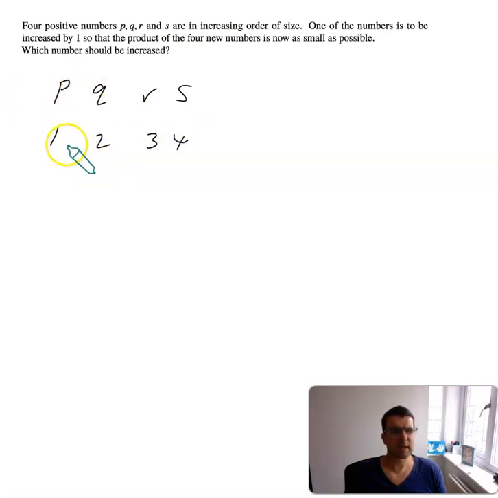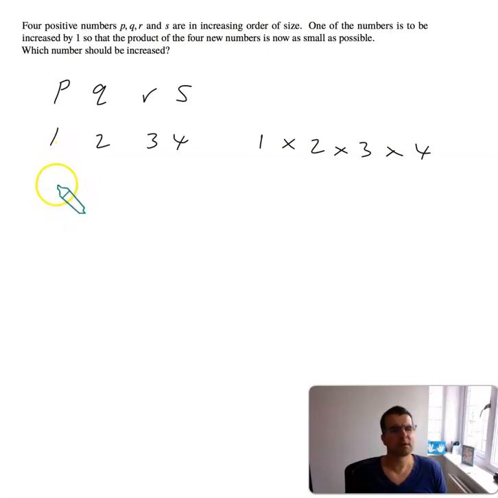So let's start off. P is the smallest, make it 1, Q is 2, R is 3, S is 4. If we multiply those four numbers together, 1 times 2 times 3 times 4 is 24. Okay, if we want to make the number as small as possible, then what some people have told me is that P needs to be increased, and that may seem obvious, maybe, in that P is the smallest number already.